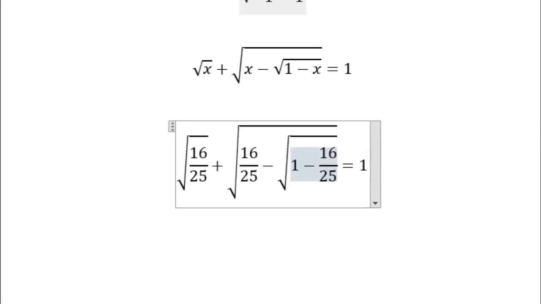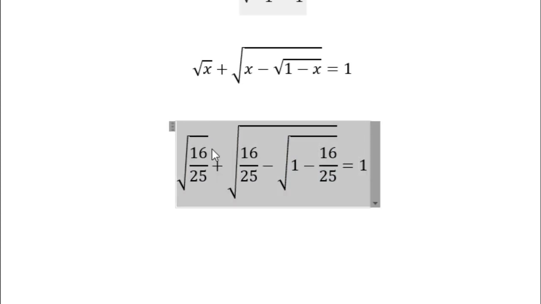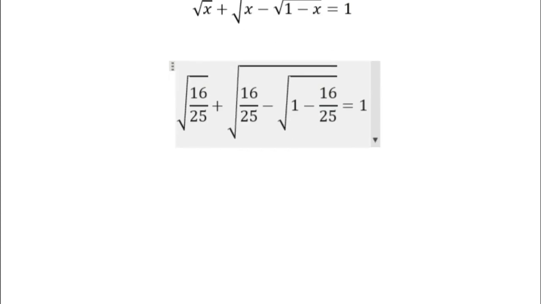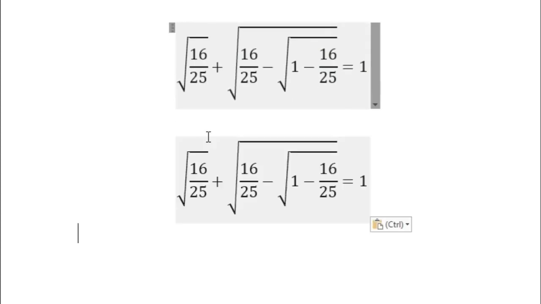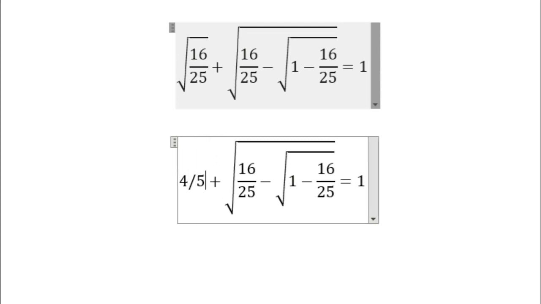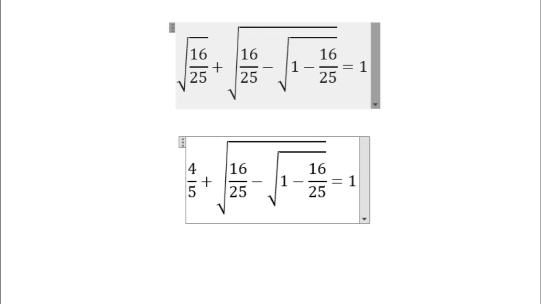Okay, so let's try to solve this. Whenever we're taking the square root of a fraction, each number in the fraction should be affected by the square root. So the square root of 16/25 will be just 4/5, right? Because the square root of 16 is 4 and the square root of 25 is 5.